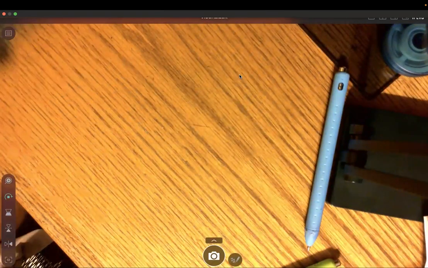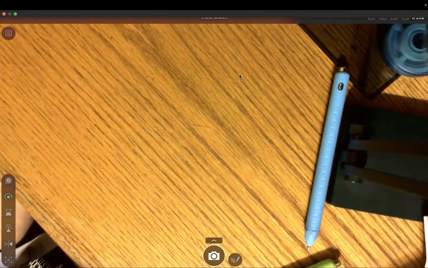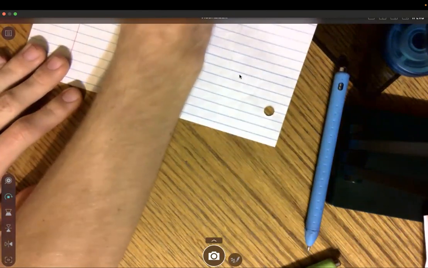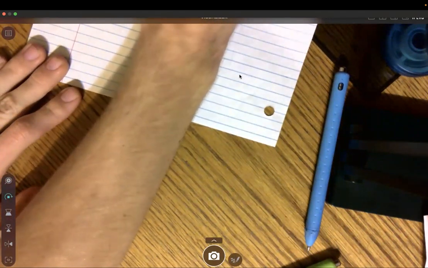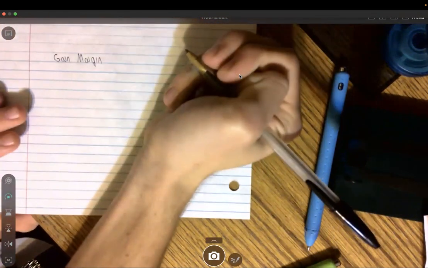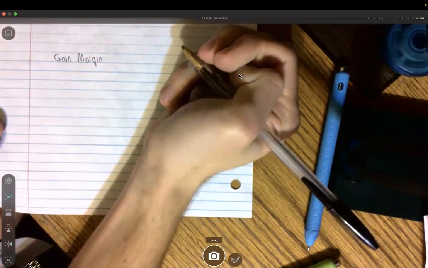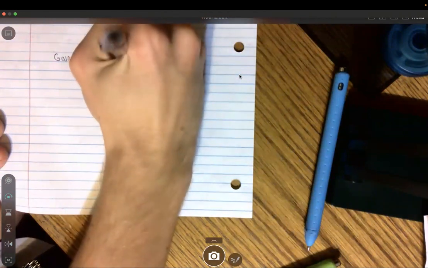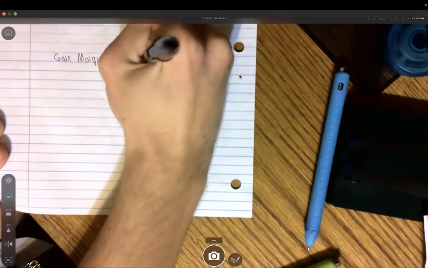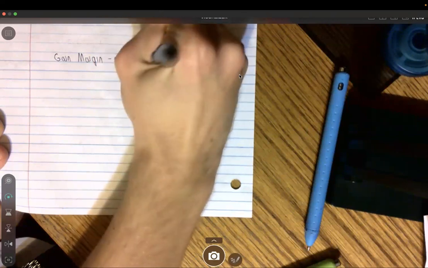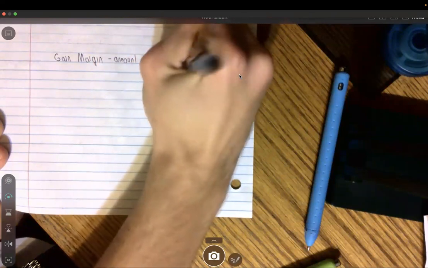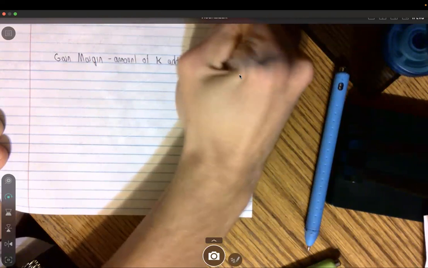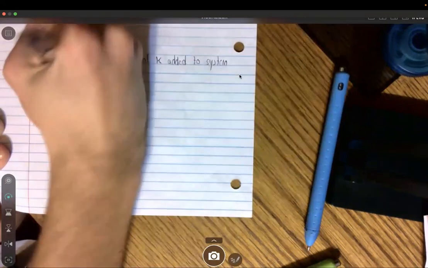To conclude on those two topics, basically, the gain margin is going to be described as the amount of K added to the system before the system becomes unstable.